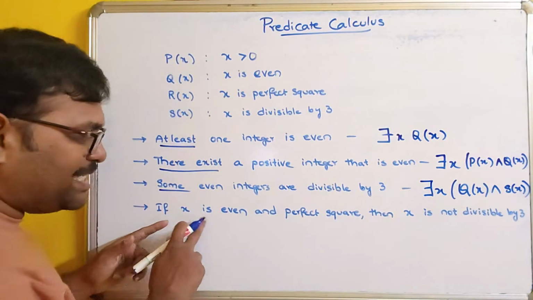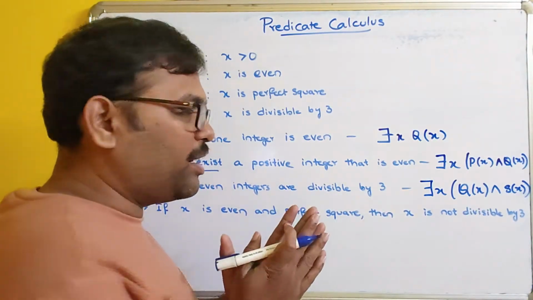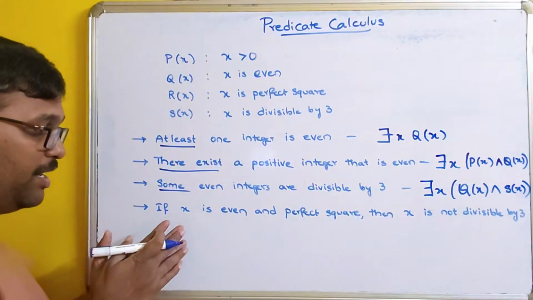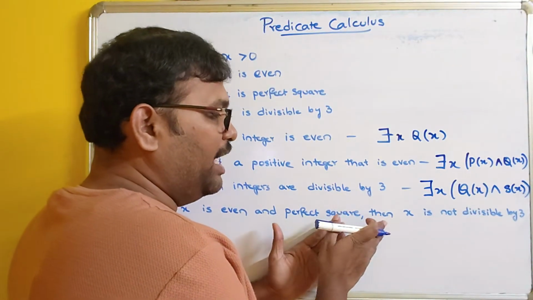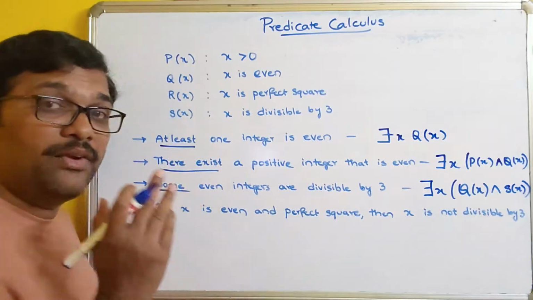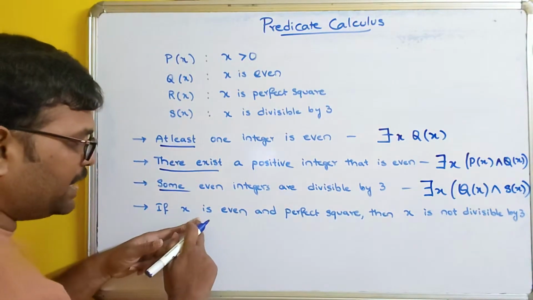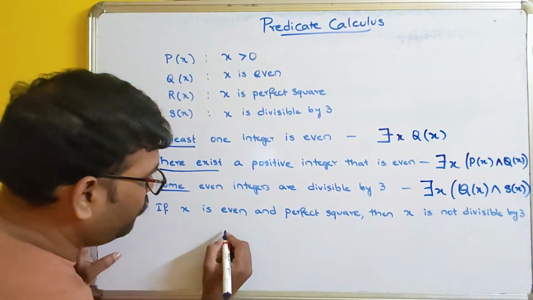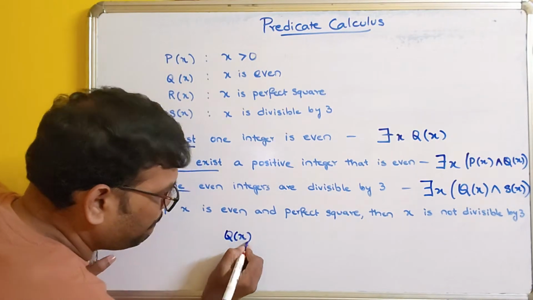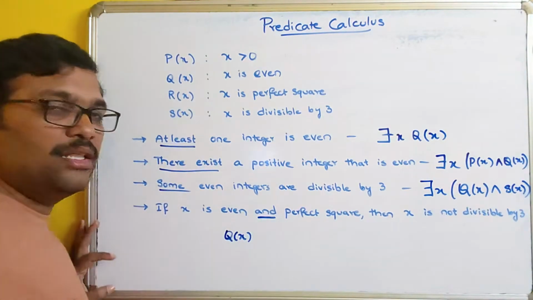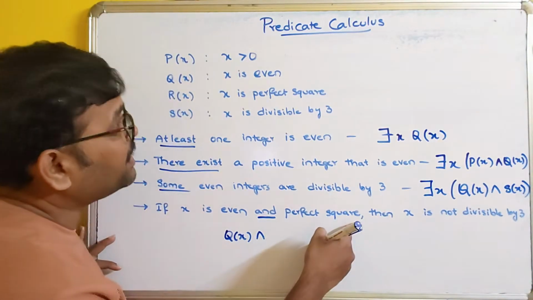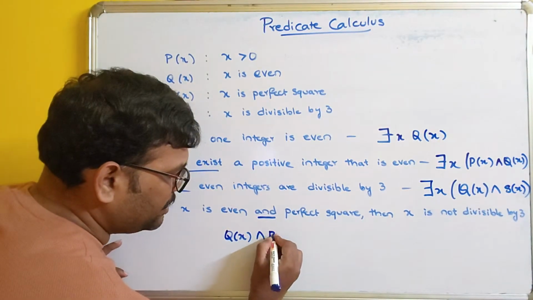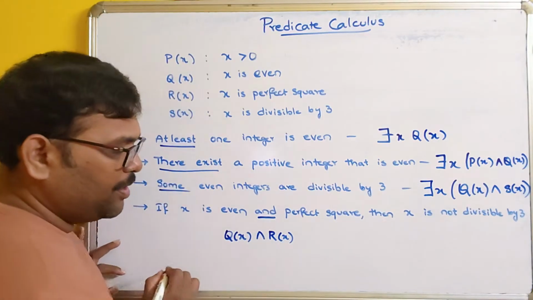Next, if x is even and a perfect square, so you can see here in this statement, if x is even and perfect square, then x is not divisible by 3. Here we are having three predicates. x is even means Q of x. See, here you can see the operator AND directly. And perfect square R of x. Okay.